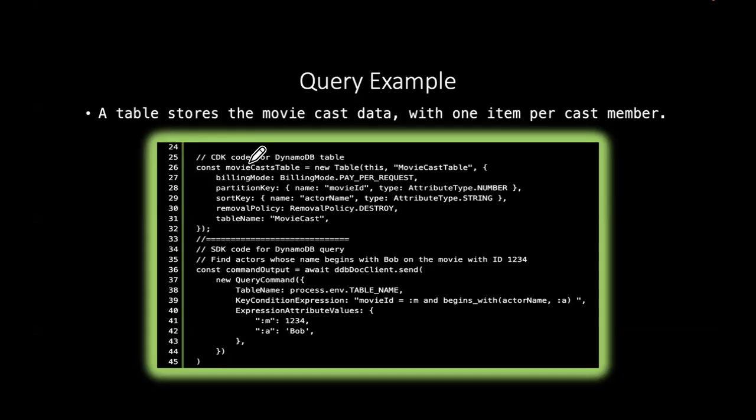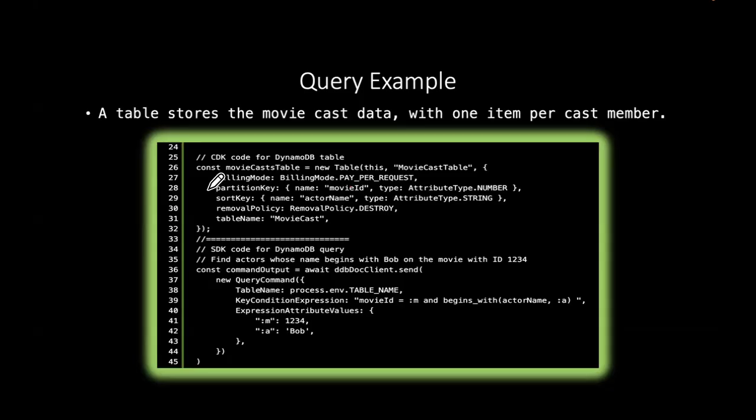So the cast or the members for a movie, and the partition key. Again, I've stayed with movie ID as the partition key, but I've decided to use the actor name as the sort key. Probably not the best option, but it's the only one that I could come up with. So it's a string, clearly. The sort key is going to be a string rather than a number.